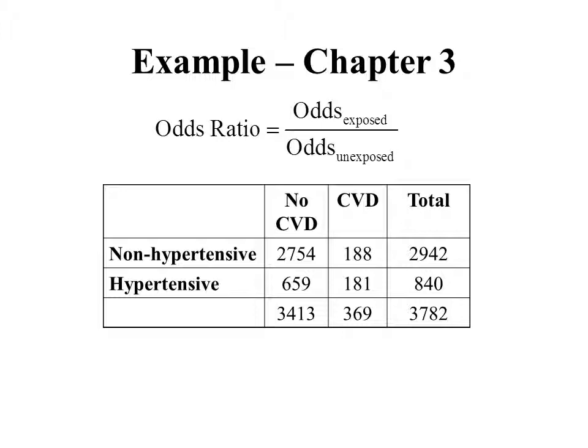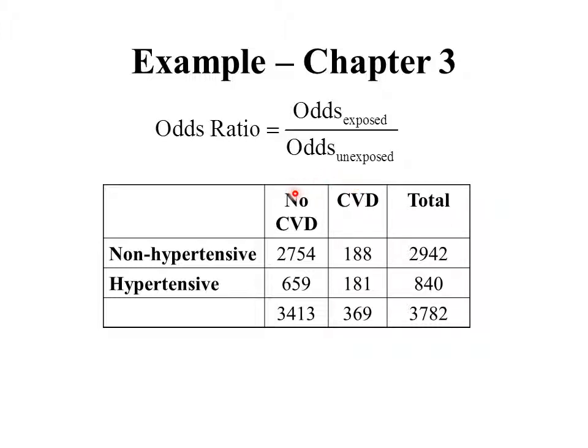As an example from Chapter 3, we had this data, which gives the results from 3,782 people. From each person, we recorded whether they have hypertension or do not have hypertension, and then whether they have cardiovascular disease or not.